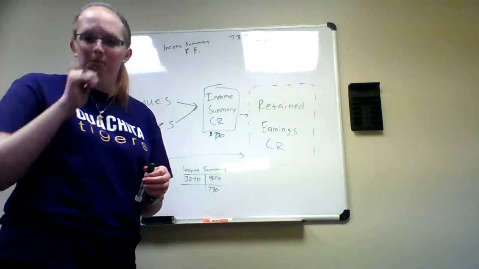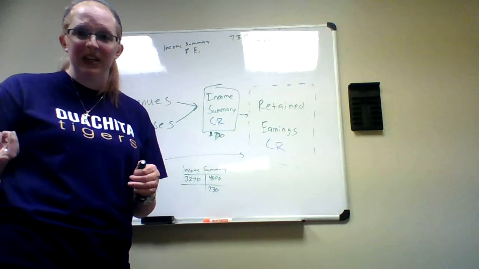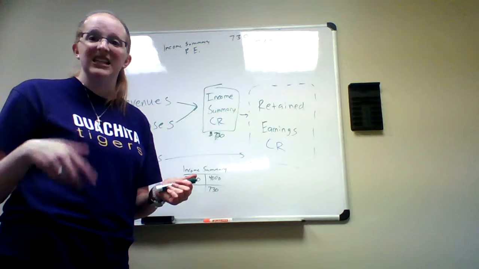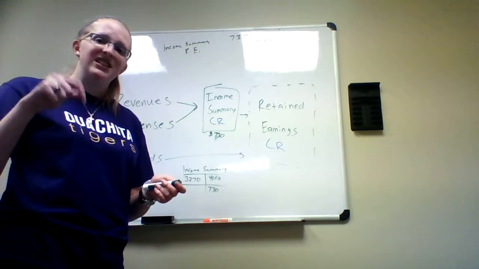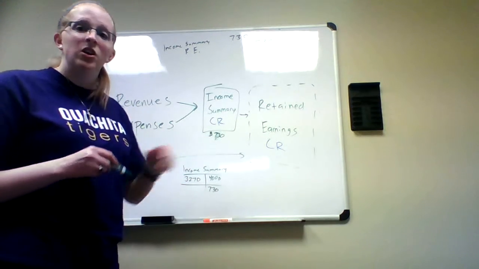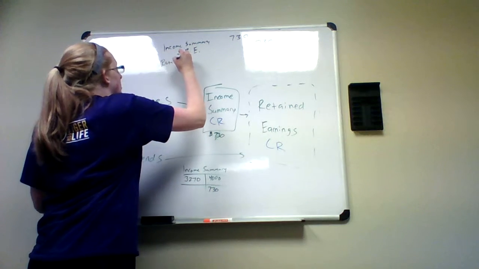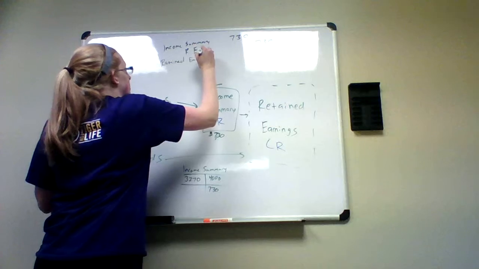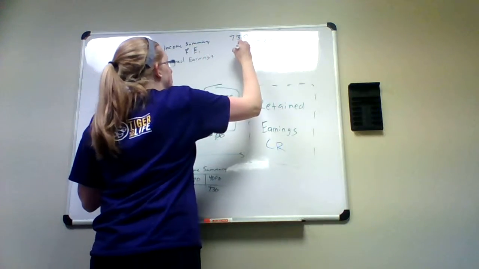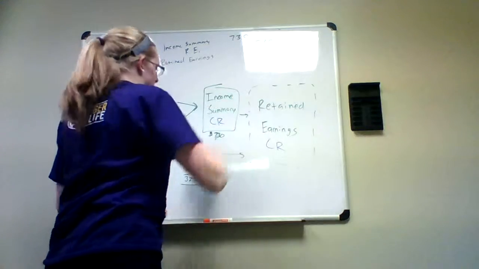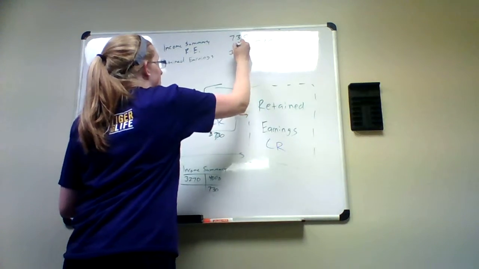And we know that when you want to close dividends, you do the opposite of the normal balance, and the normal balance for a dividend is a debit. So to decrease retained earnings, you'll debit it. So you've got your retained earnings for $300.